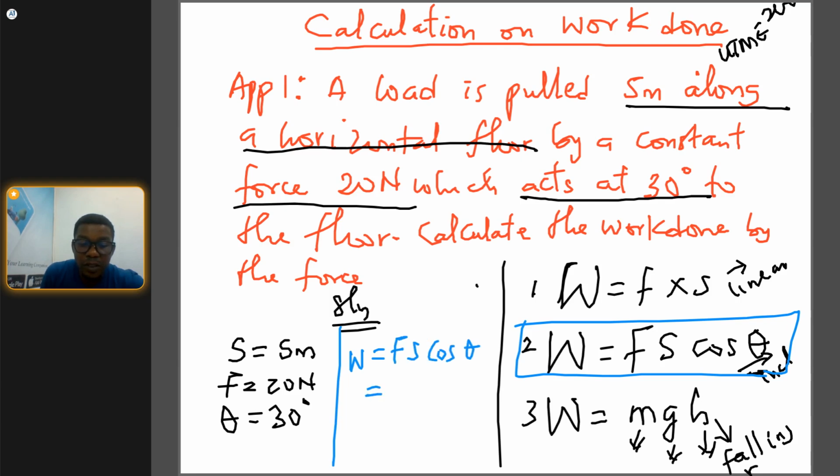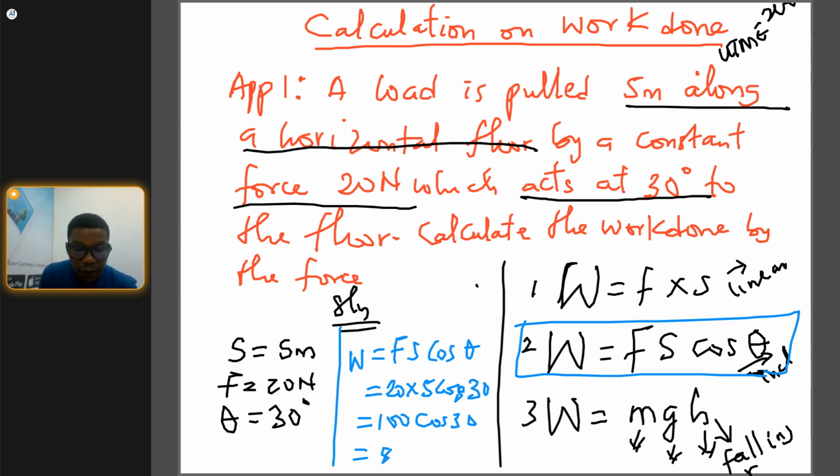That equals force, which is 20, times S, which is 5, times cos 30 degrees. That gives me 20 multiplied by 5 is 100 cos 30 degrees. Using your calculator, you are going to have 86.6, that will give us 86.6 joules.